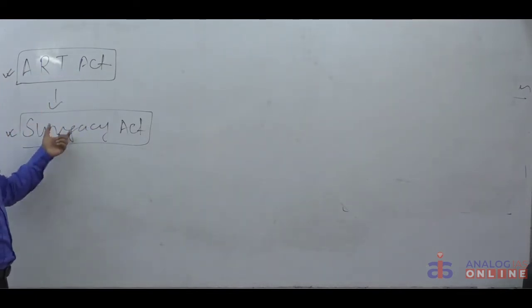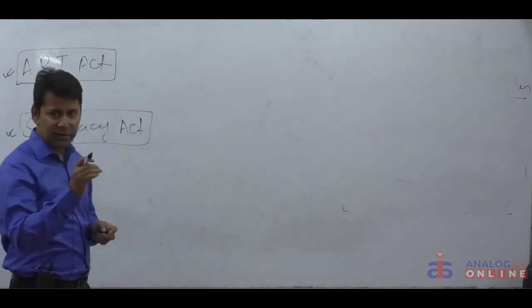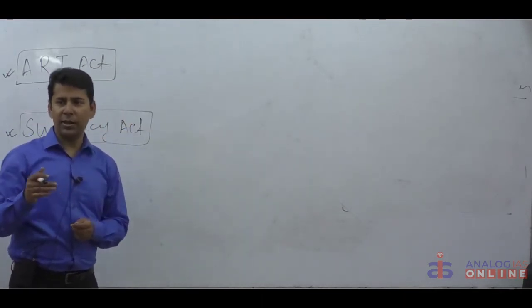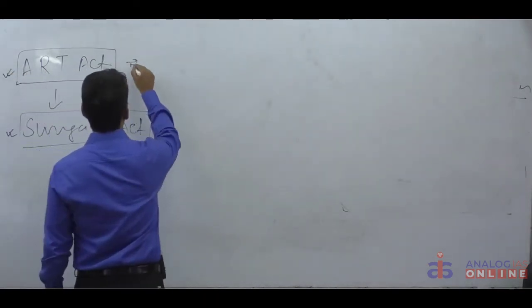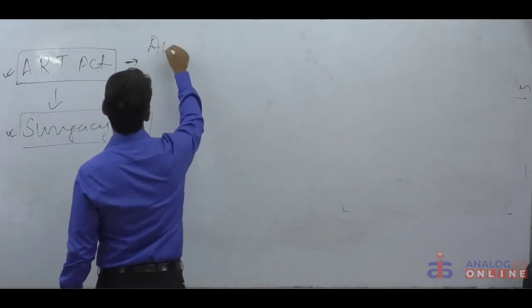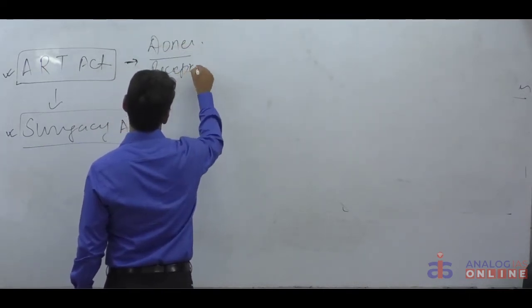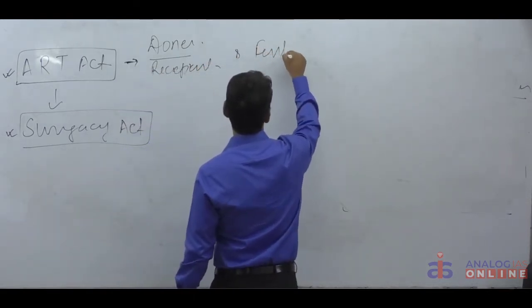Because surrogacy is one type of assisted reproductive technology, we have talked about it. Surrogacy Act is more about controlling surrogacy in India, right? We know that, banning commercial surrogacy and allowing only altruistic surrogacy in India, that is the Surrogacy Regulation Act. ART Act is basically for donor, recipient and fertility clinic.